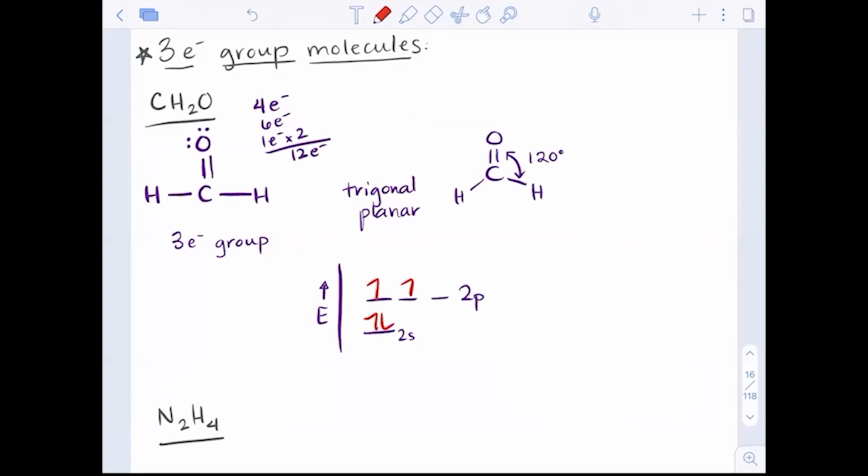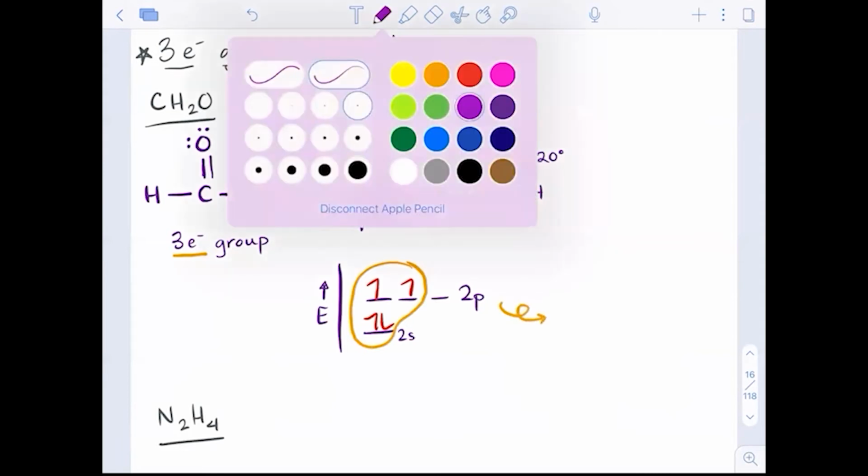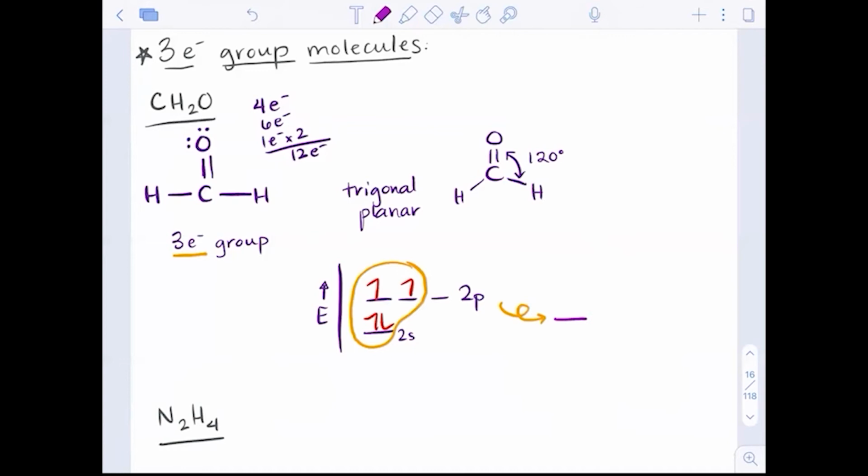So what happened? Well, in reality, we only needed 3 hybrid orbitals. 3 electron groups, 3 hybrid orbitals are necessary. So I take 3 atomic orbitals into hybridization. I take always an s orbital before a p orbital. Why? Because the s is lower in energy.